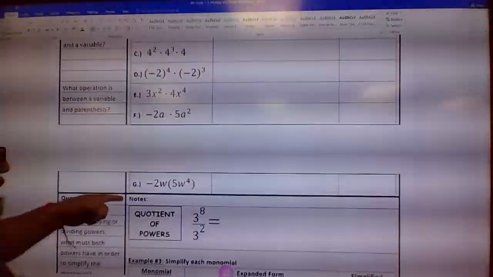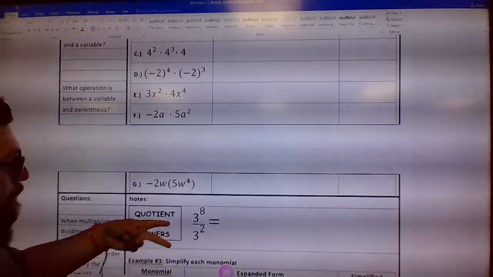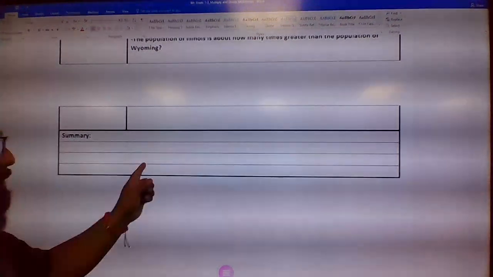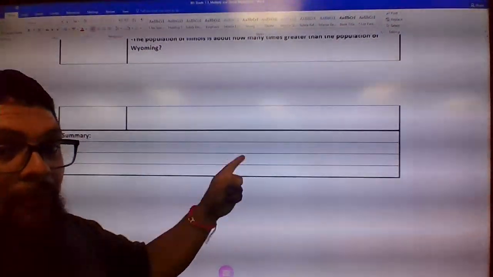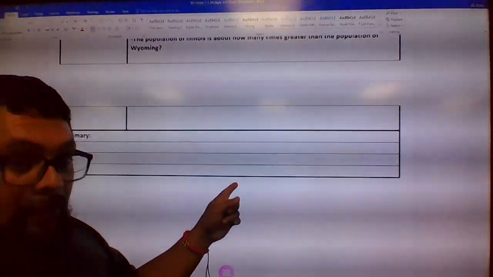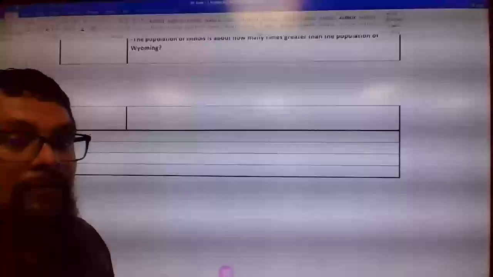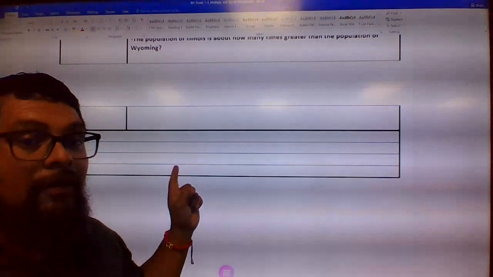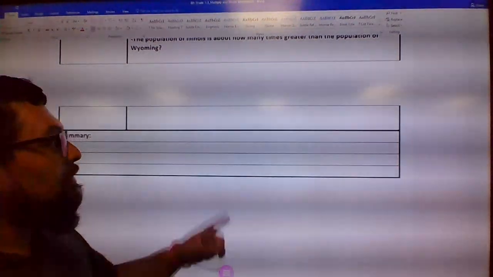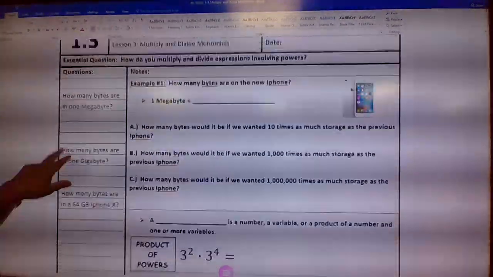When you divide them, like this, you subtract the exponents. So that was our summary here. When you multiply powers, you add the exponents. When you divide powers, you subtract the exponents. The bottom one is important for 1.5 that we're about to enter. So this is 1.3.